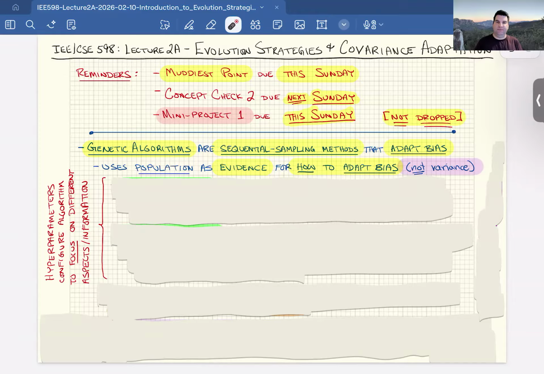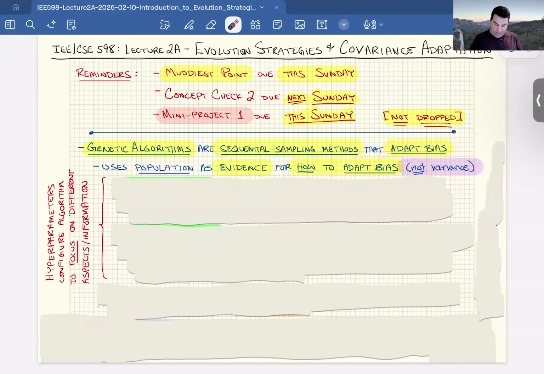Moving forward then, like I say, we're starting into Unit 2. We're going to pivot from where we left off in Unit 1. In Unit 1, we were talking about genetic algorithms, and we didn't present them quite this way when we stopped. But if you really think about it, genetic algorithms are sequential sampling methods that adapt their bias.